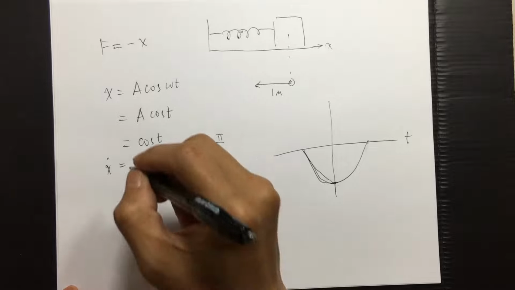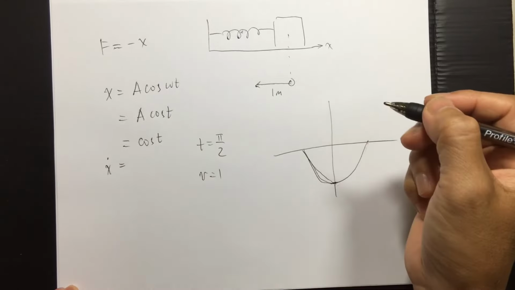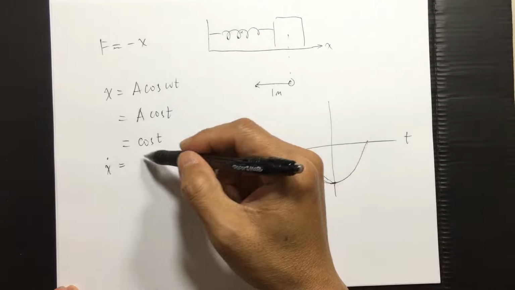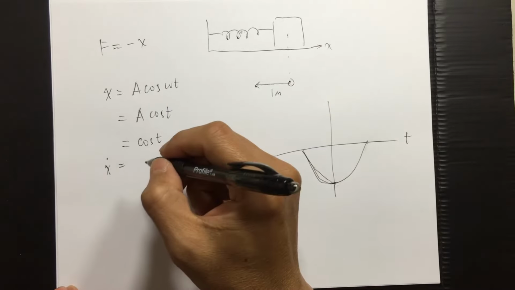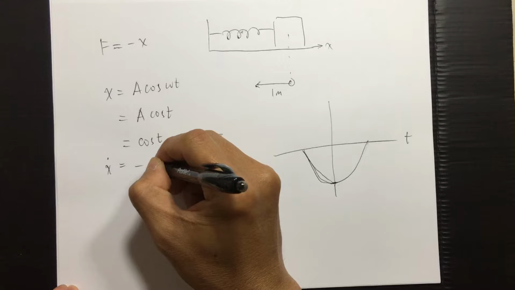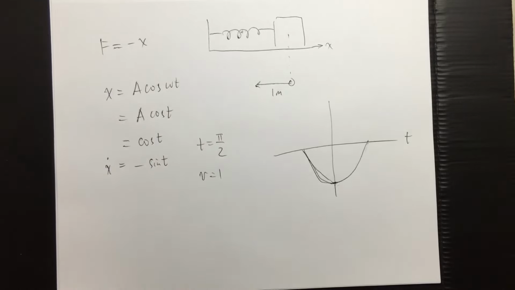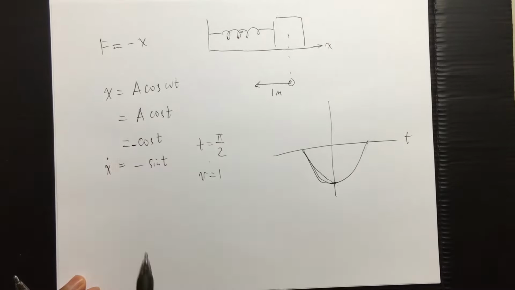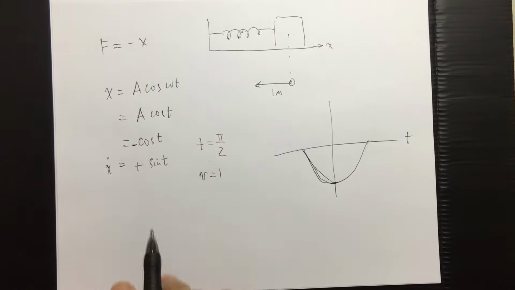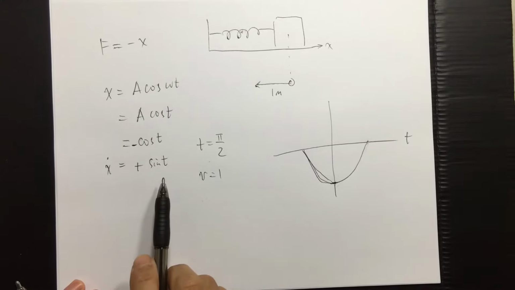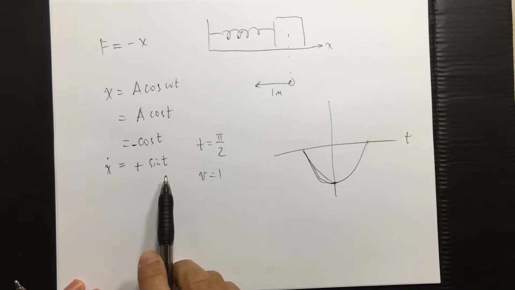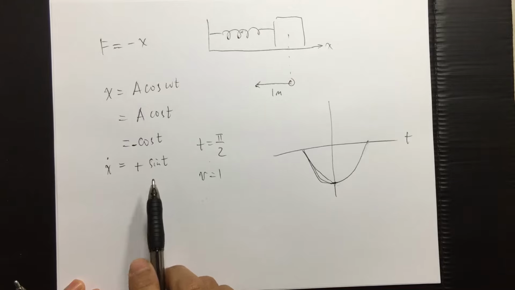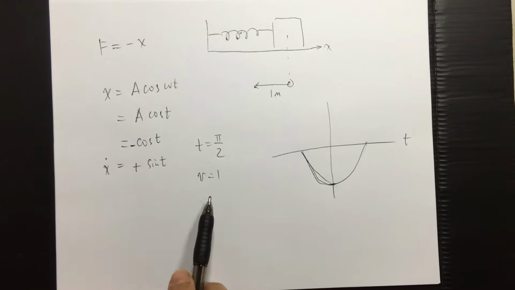Velocity is the derivative of cosine t. Sorry, this is minus cosine. A is minus 1 because at time t, this is minus 1. So minus is positive. Sorry about that. Now, when t equals pi over 2, this equals 1. So the velocity is 1, which is correct.